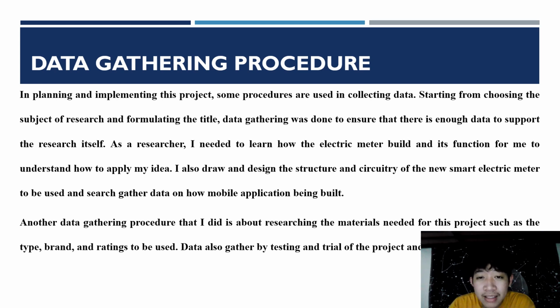I also drew and designed the structure and circuitry of the new smart electric meter to be used, and gathered data on how a mobile application is built. Another data gathering procedure that I did is researching the materials needed for this project, such as type, brand, and ratings to be used.